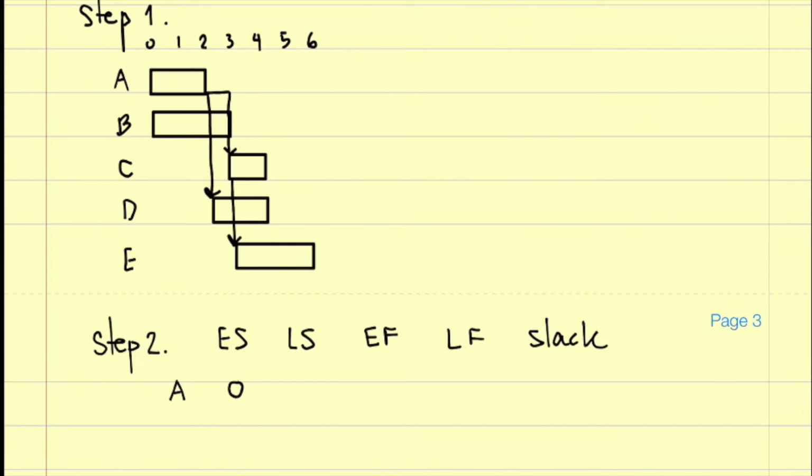What happens if I delay A by 1? I delay this, I don't delay this, I don't delay this, I delay 1.